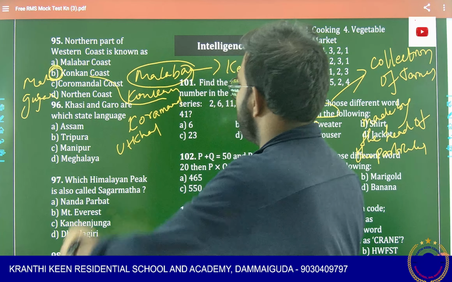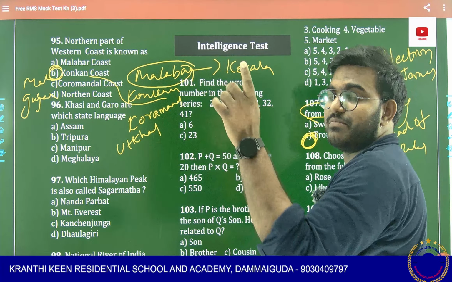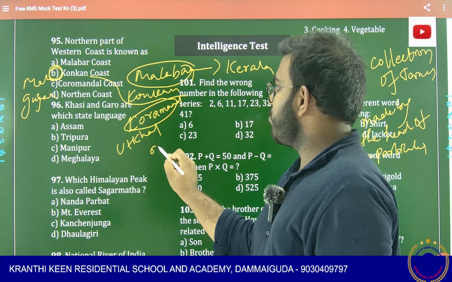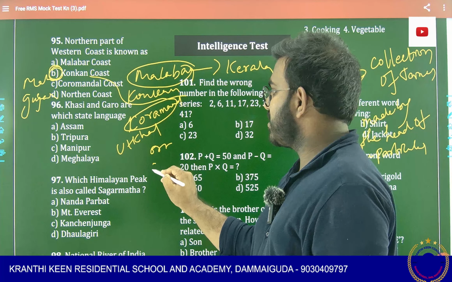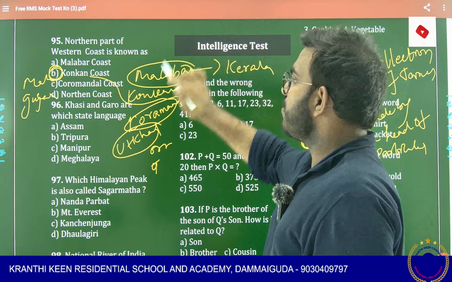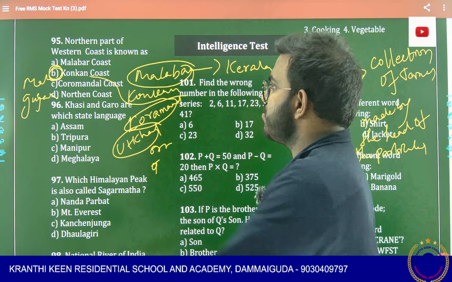Next, Coromandel. I already explained the Coromandel two days back. It starts from Orissa and ends at the Kaveri Delta of Tamil Nadu. Next, Utkal is only situated at Odisha. So the Konkan coast, from Gujarat to Maharashtra, is considered the Konkan coast.